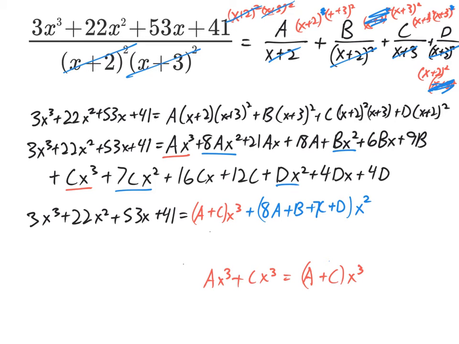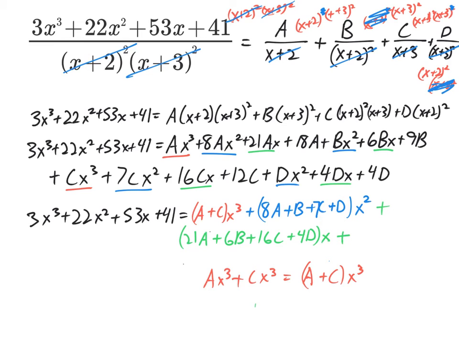Then the next piece is going to be my x's. So that's going to be 21A plus 6B plus 16C plus 4D, and those all have an x.